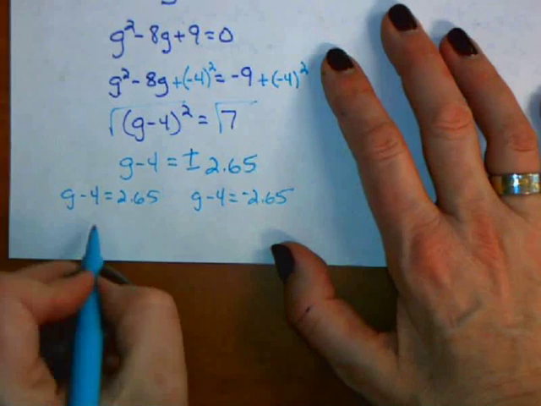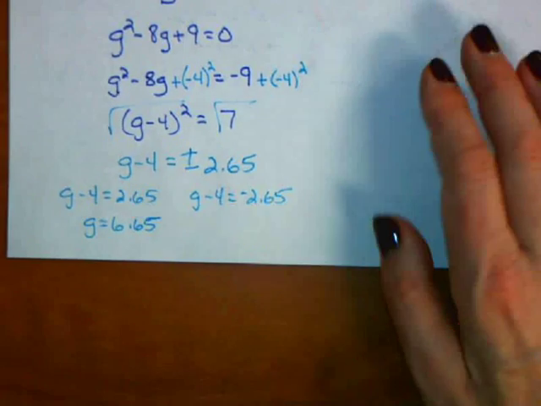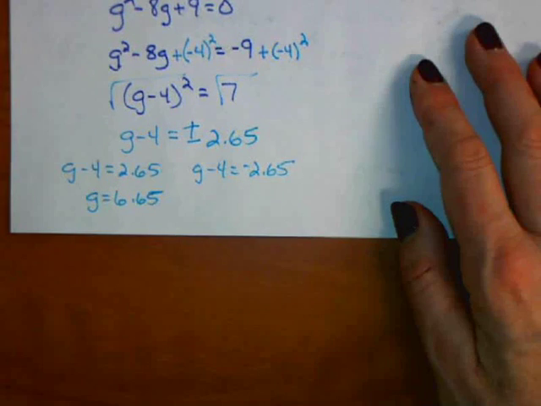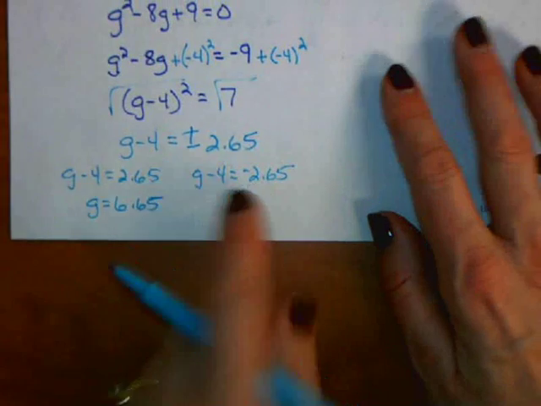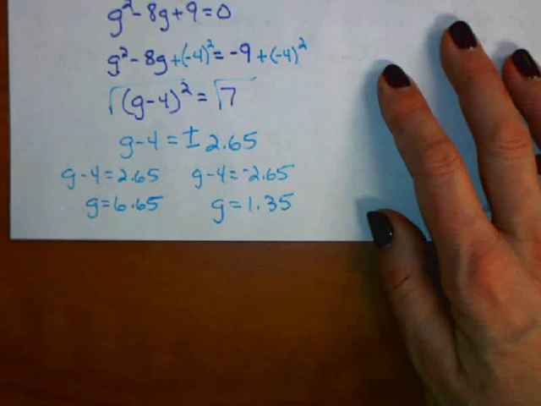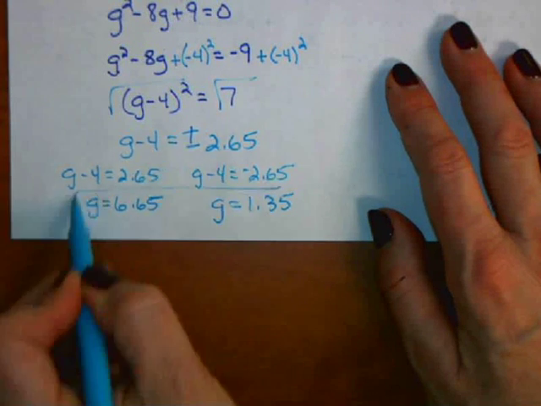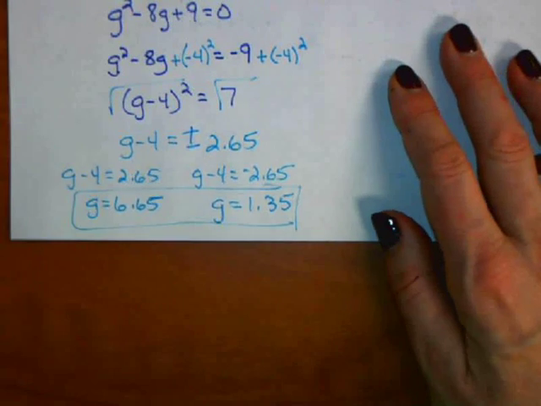And you add 4 to both sides, 6.65 for this one. And then you add 4 to this side. I'm just going to do it in my head. It's 1.35. So, completing the square. You learned it.